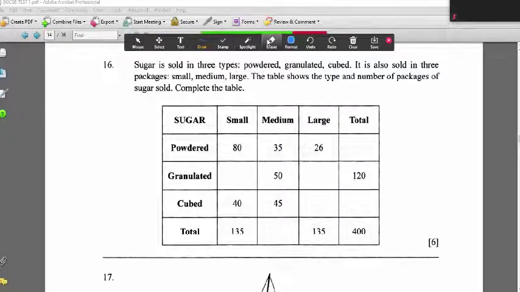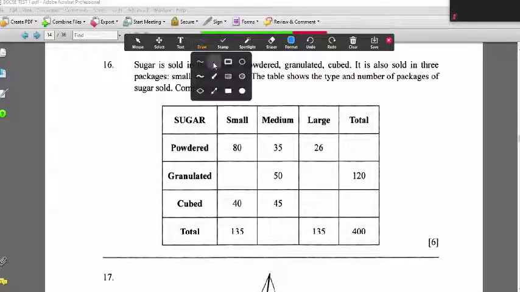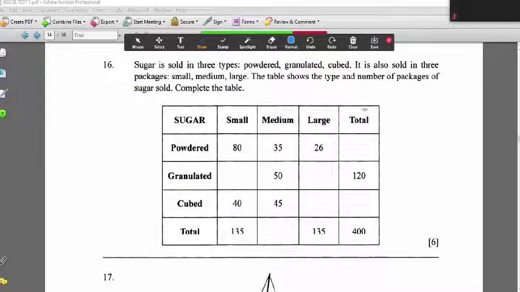All right, I want to do pen. I want to draw right here. If you look at powdered, small, medium, large, you already have all 3 filled out for you. So basically add them together, right?